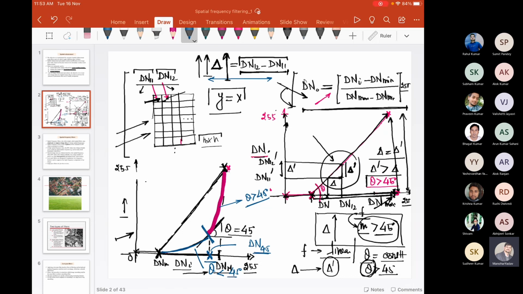All the DN which are more than DN45, for them theta is greater than 45 degrees, while in the previous case theta is less than 45 degrees. So can you suggest the changes which will occur in the image when that image is transformed using this exponential function?